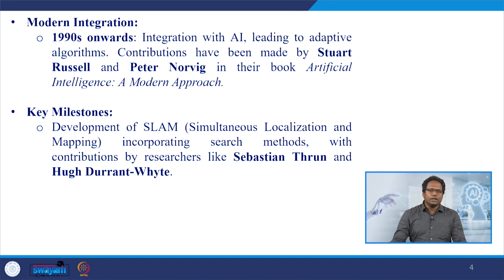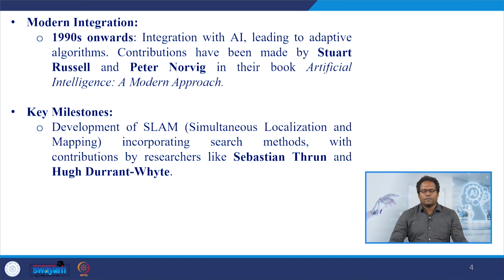Then the modern integration started in the 1990s onwards, with the integration of AI leading to adaptive search algorithms, and the contributions made by Stuart Russell and Peter Norvig in their book Artificial Intelligence: A Modern Approach show the significant growth of search algorithms with the integration of AI very well.